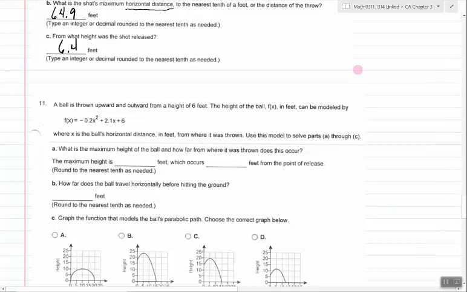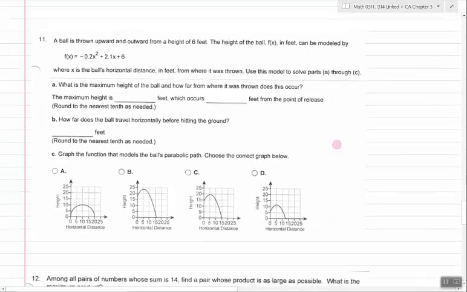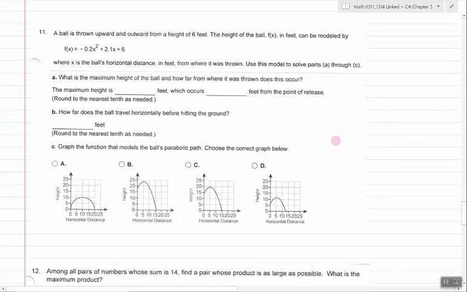All right, let's go to number 11. A ball is thrown upward and outward from the height of 6 feet. The height of the ball in feet can be modeled by, here's an equation. It is negative, it is going down, so one of these is right.